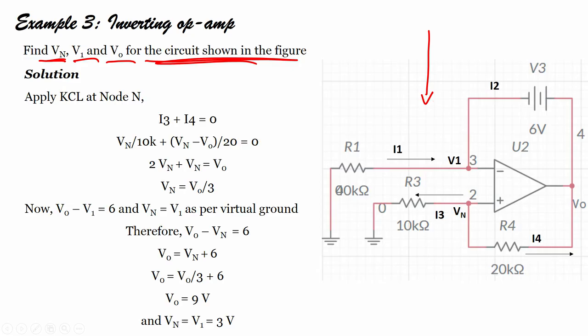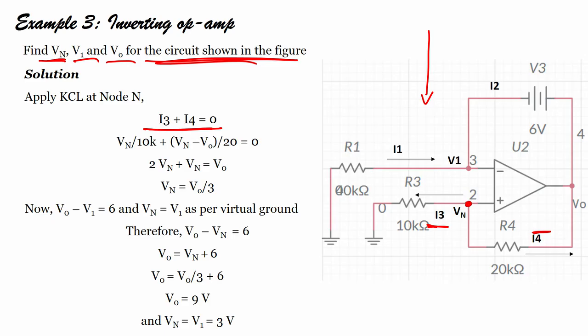I will use Kirchhoff's current law at node n. I will have I3 and I4 here, so I3 plus I4 equals 0.